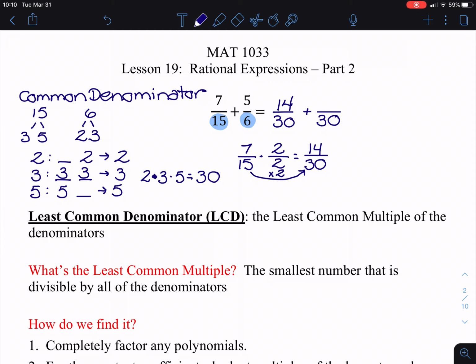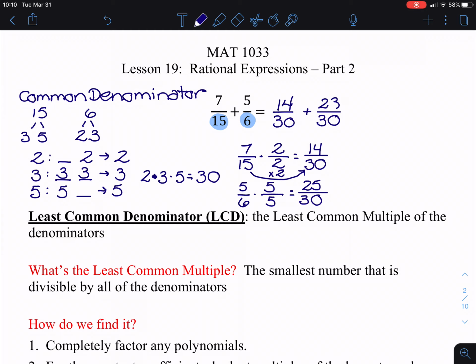I can do the same thing with 5/6. In order to get from 6 to 30, I have to multiply by 5. If I multiply by 5 on the bottom, I've got to multiply by 5 on the top. So 5 times 5 is 25.